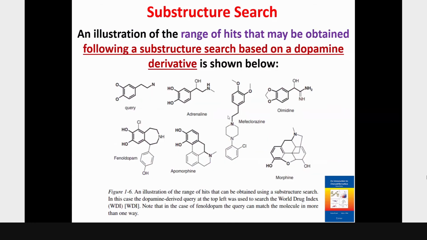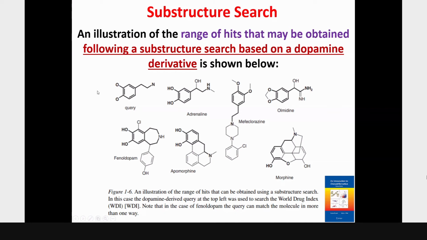For example, if you are interested in a query like this dopamine derivative, you can find components like adrenaline or even this olmedin, which match this query a lot, close to 90% or more.